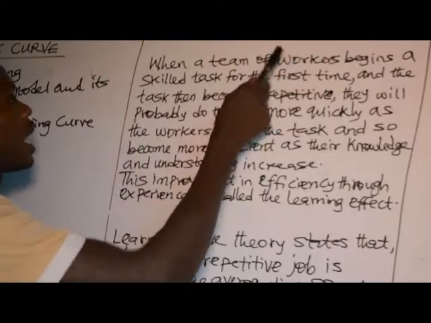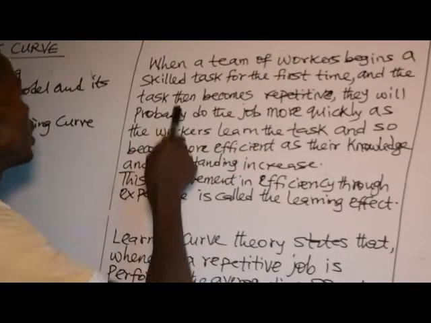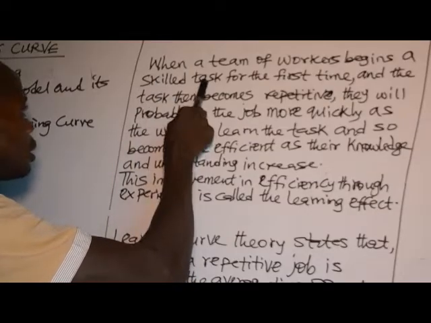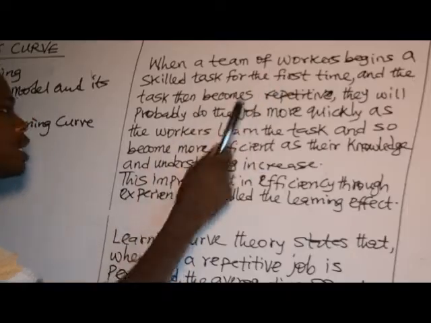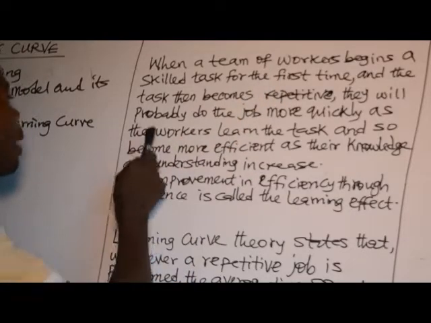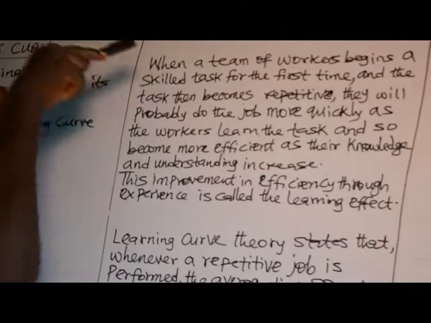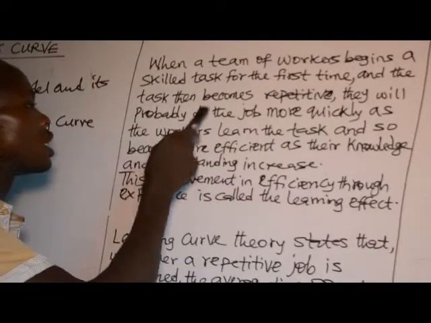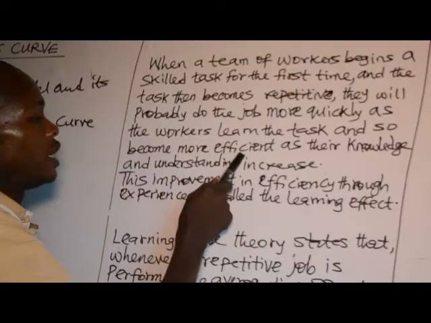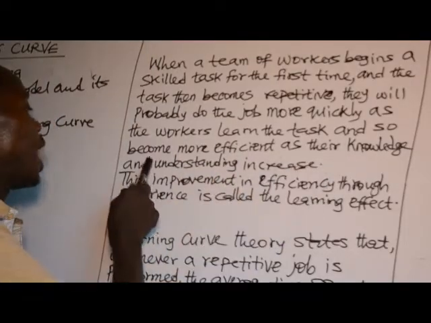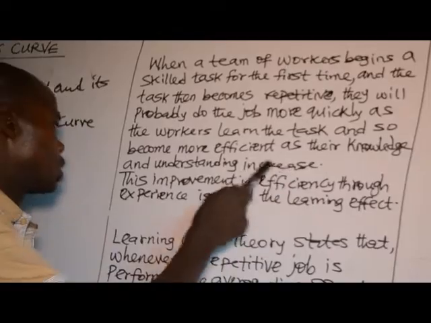When a team of workers begins a skilled task for the first time, and the task then becomes repetitive, they will probably do the job more quickly as the workers learn the task and so become more efficient as their knowledge and understanding increase.